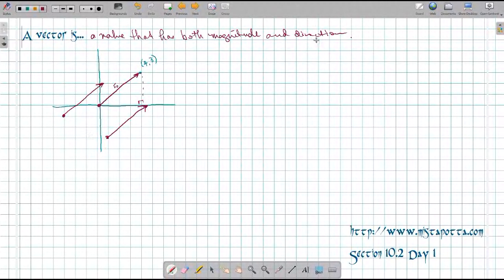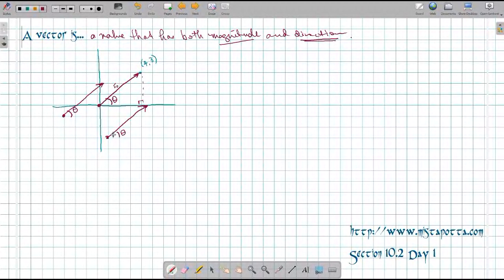They all have the same direction. They're all headed in this northeasterly direction, and they all have the same angle from the horizontal, the angle that you would get in a 3, 4, 5 right triangle. And they all have the same magnitude. In other words, all of these vectors are going to be the same length.